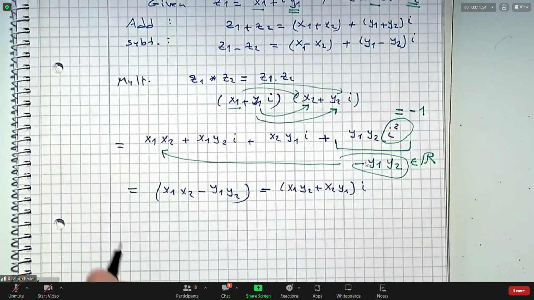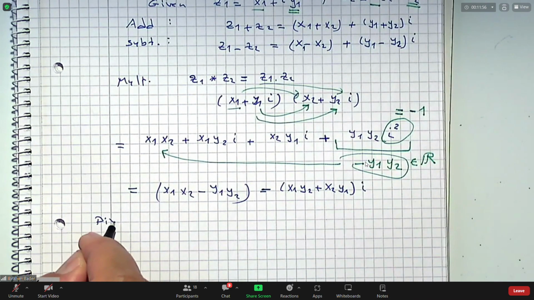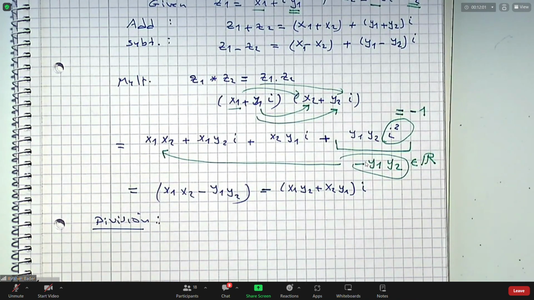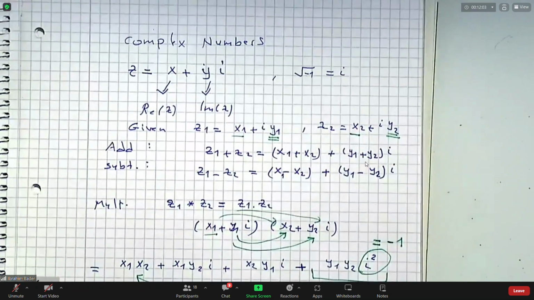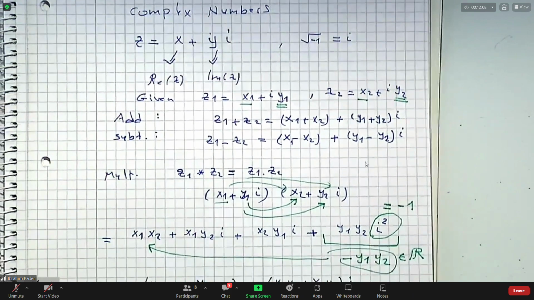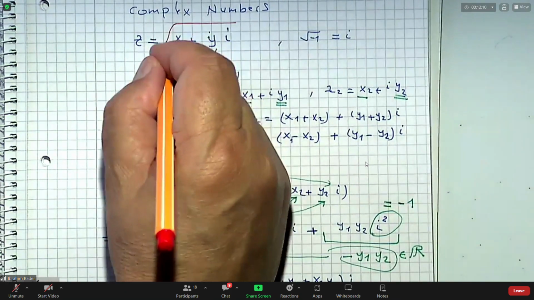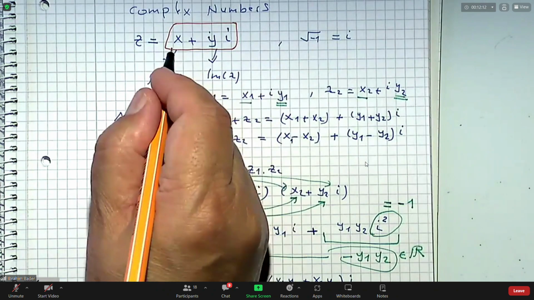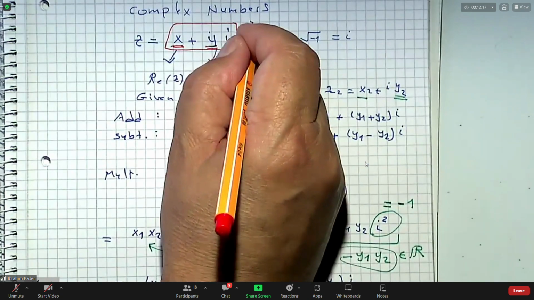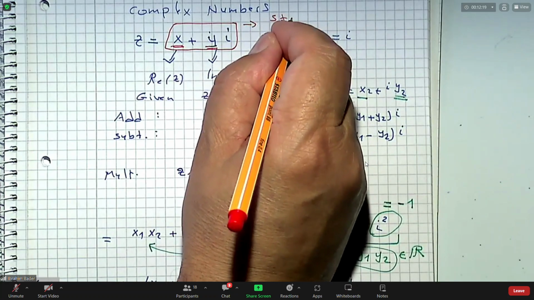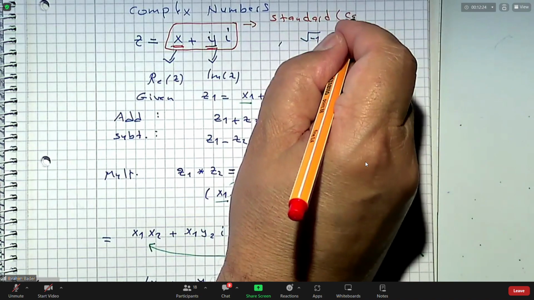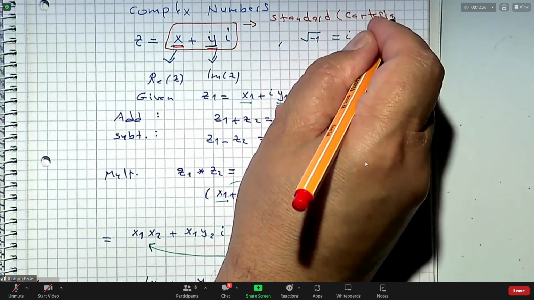Okay. Now, when it comes to division, it's a little bit different. I didn't tell you yet that this form of writing a complex number, where we can isolate the real part and the imaginary part, we call either standard, or sometimes also Cartesian form.